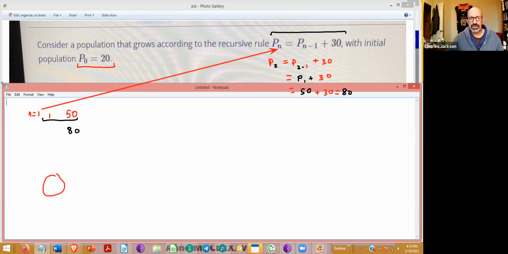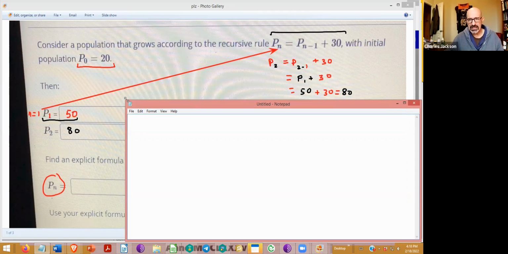So input a value of n, and what's the output? What's the population for n equals whatever? Well, let's see what's going on with these different values of n. Right now we know 3 different values of n and their values of the population. We know 0, we know 1, and we know 2.